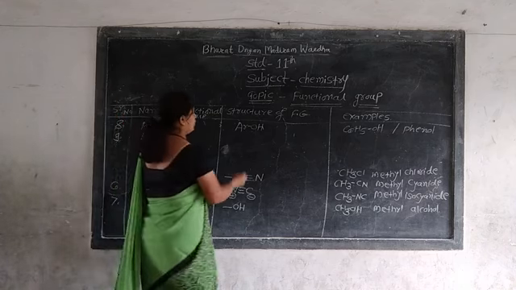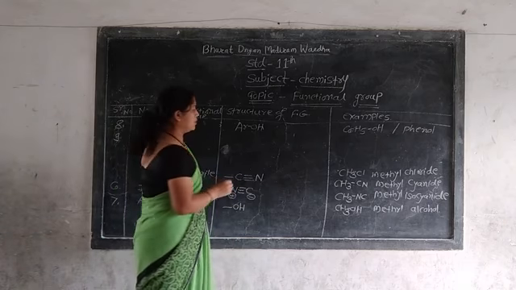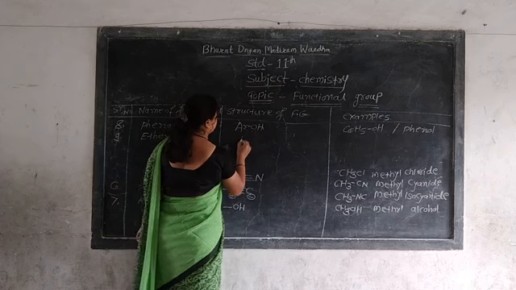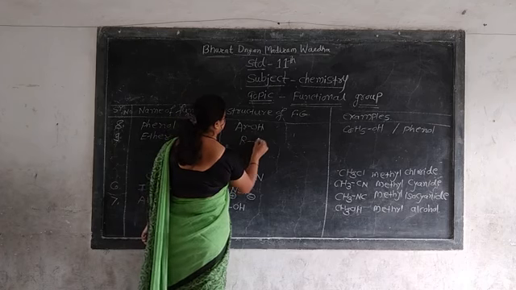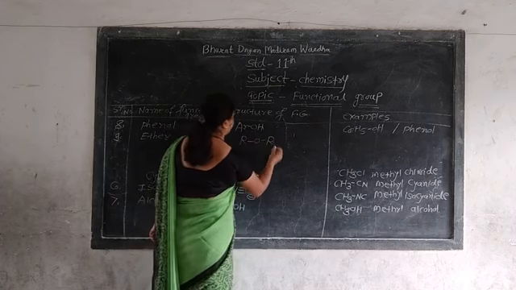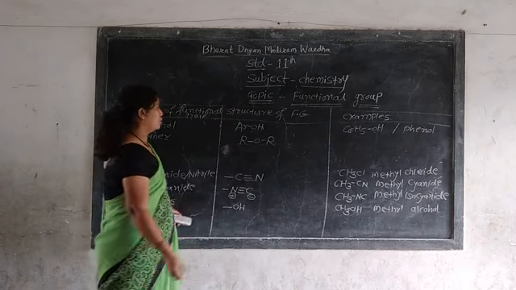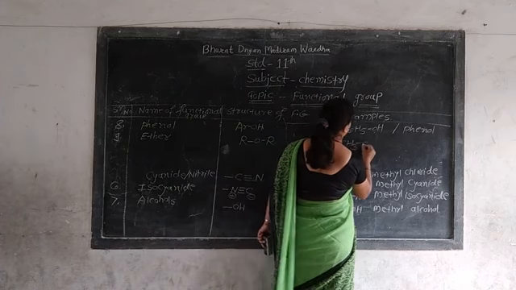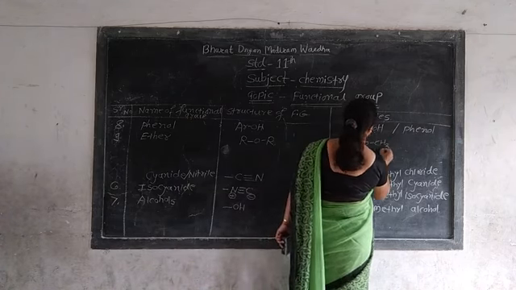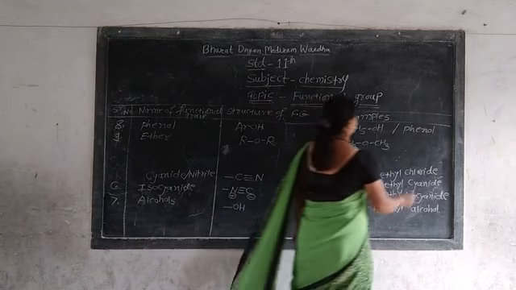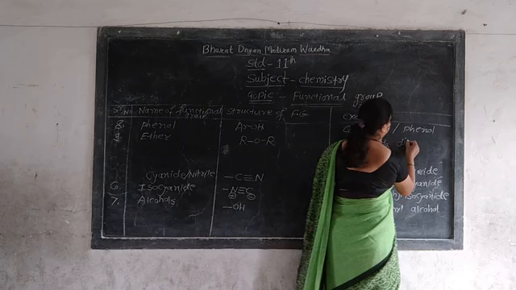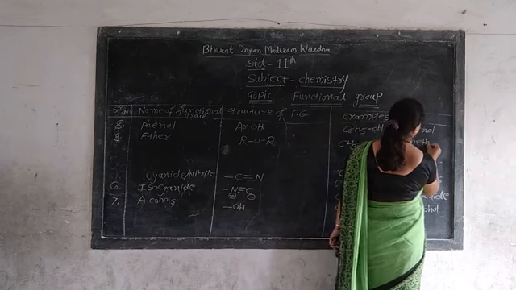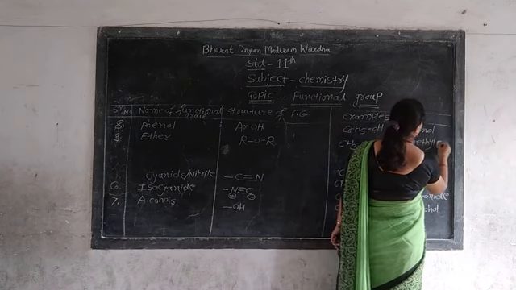The structure of the functional group of ether is ROR, where R stands for the alkyl group. An example is CH3OCH3, and the name is dimethyl ether.